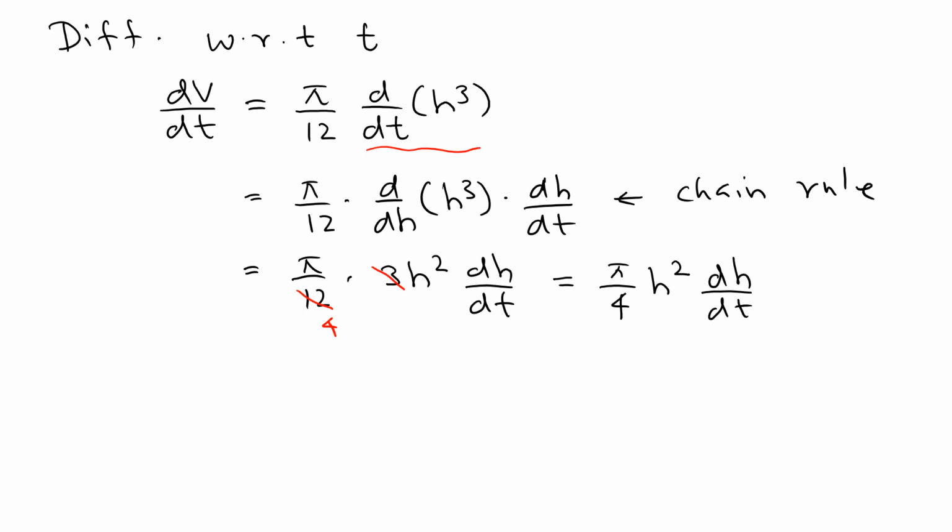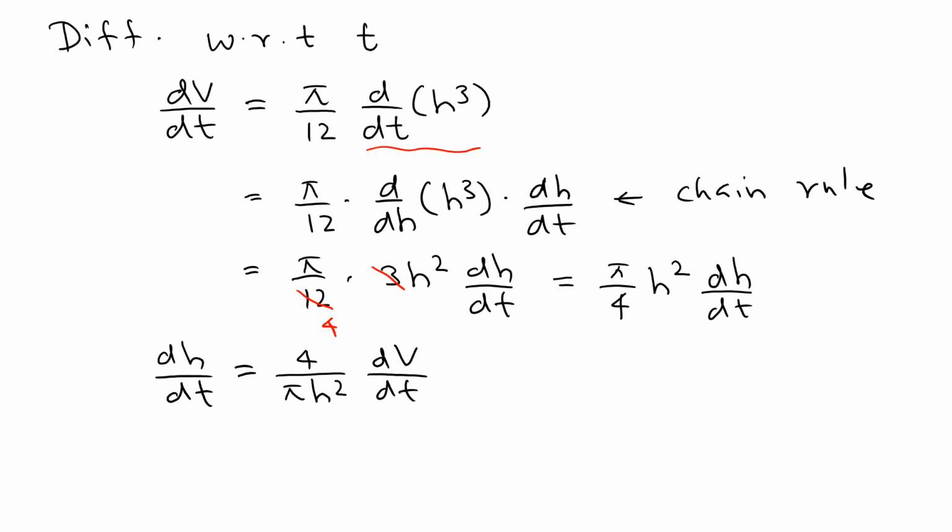That means if you solve for dh over dt, which is what we are looking for, you're going to get 4 over pi h squared times dV over dt.